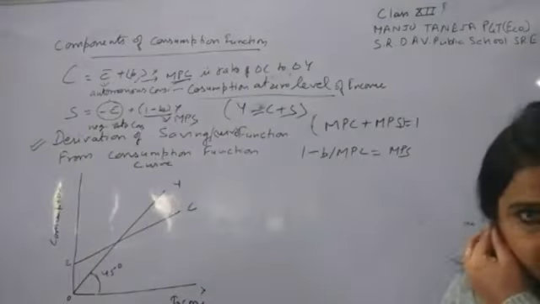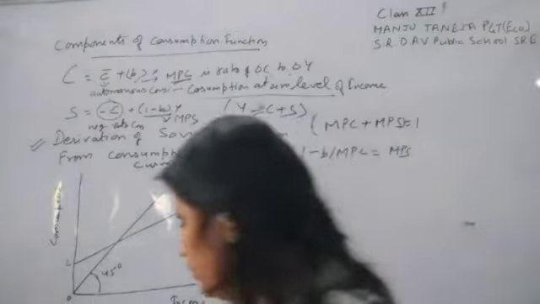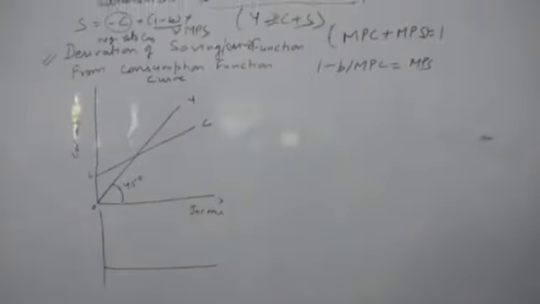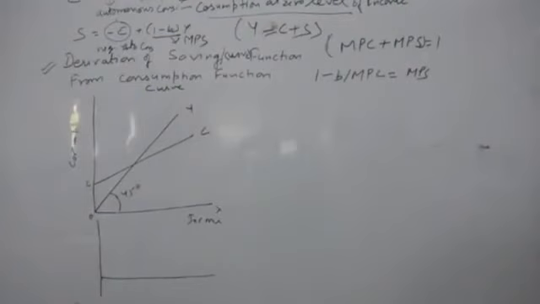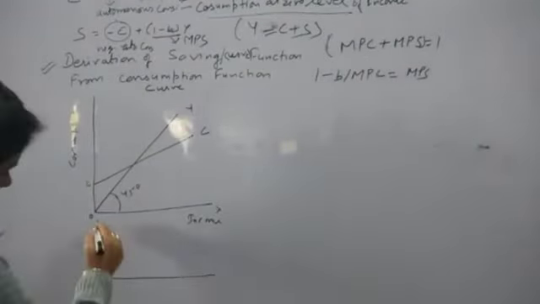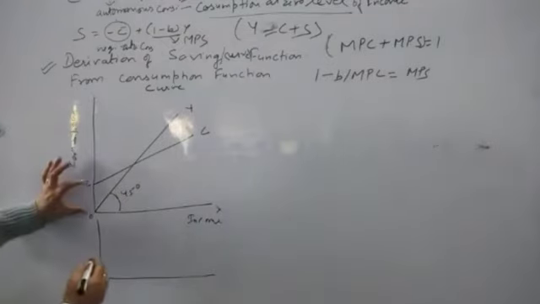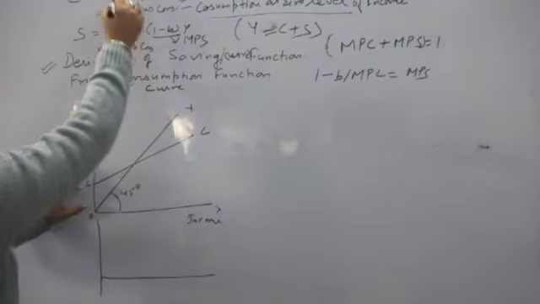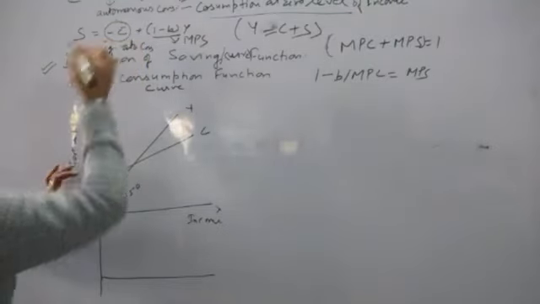Now we have to derive the saving curve from this consumption curve. So I am making it on another graph, or it can be made on the same graph. The C bar that you have here, the same is the minus C bar here.